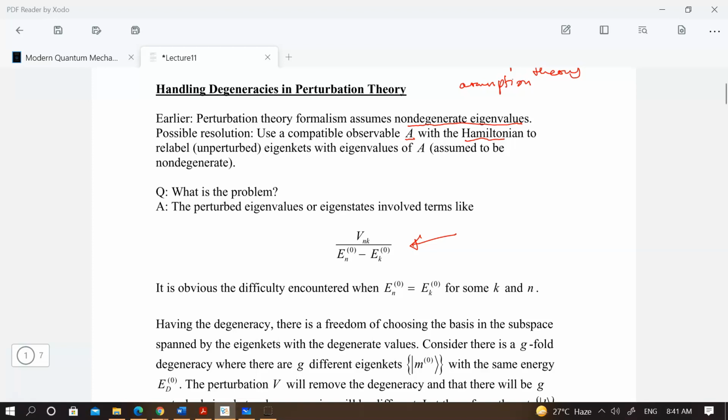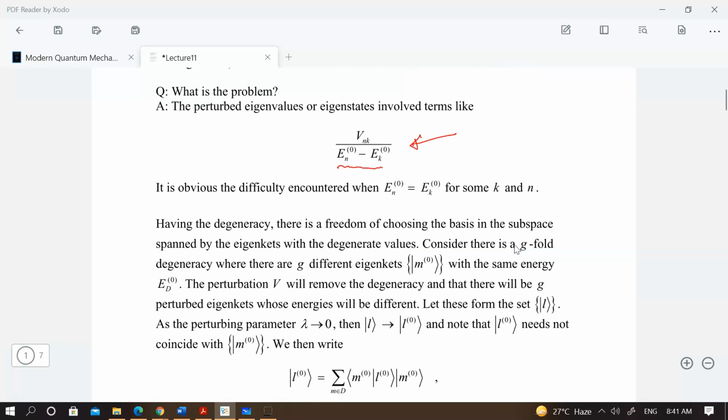If you look at the denominator, there's a possibility that these two states, the n level energy and the k level energy, come from states which are degenerate. So this becomes zero at the denominator, and of course you do not want that, because that will give you an infinite quantity. So we need to handle this idea of energy degeneracy at least.